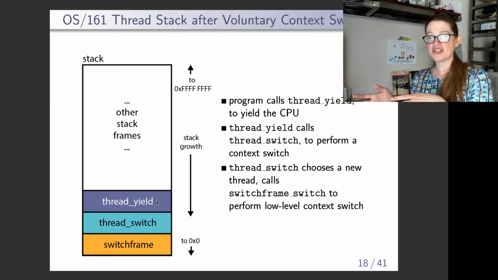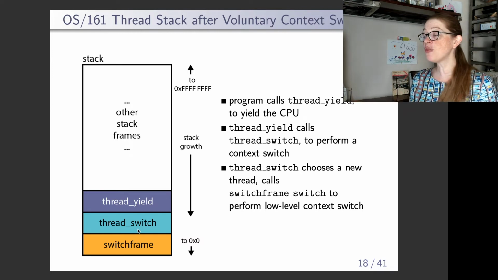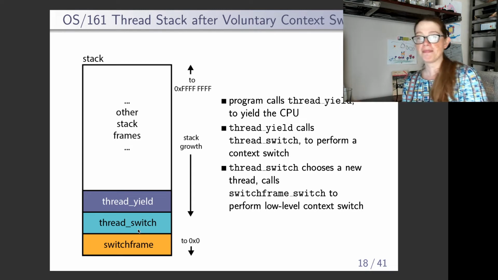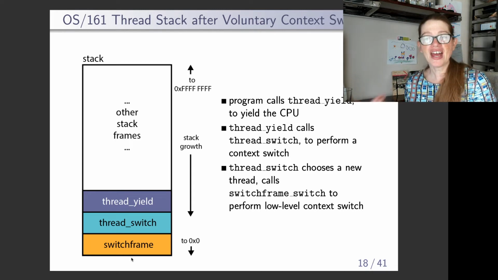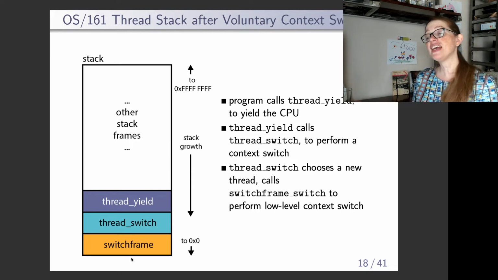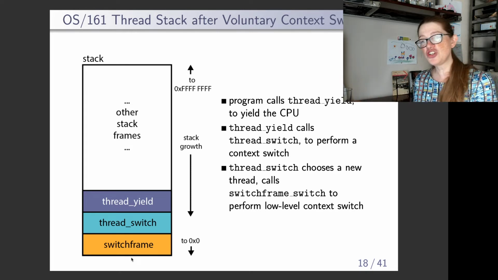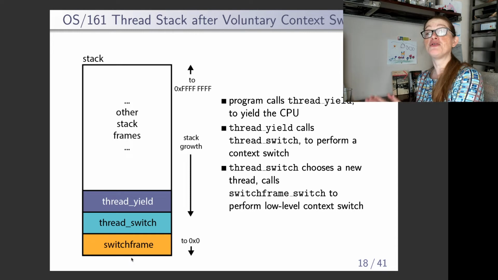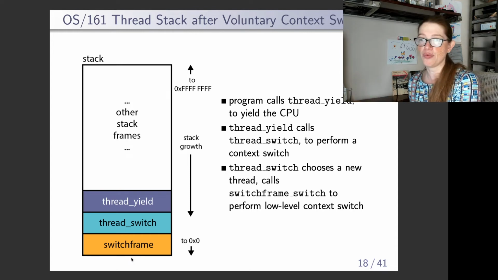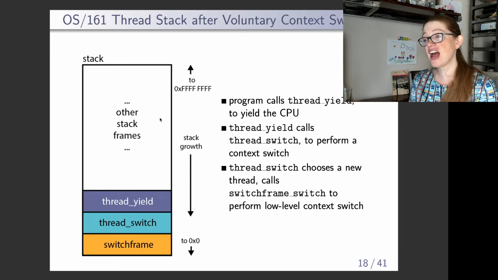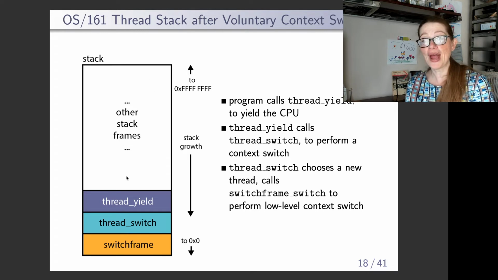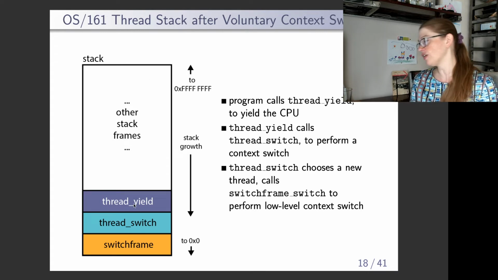Thread yield calls thread switch, so there's thread switch, and then thread switch calls switch frame. Now you'll notice we don't have any stack frames beyond switch frame because in switch frame, we are going to stop using our stack and running our thread, and we're going to start using the new thread stack and running the new thread. So this is what the stack should look like for a thread that is calling thread yield voluntarily.